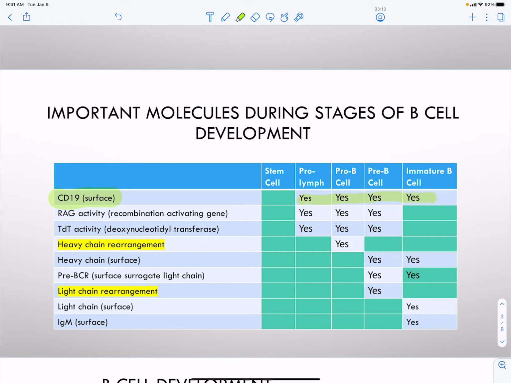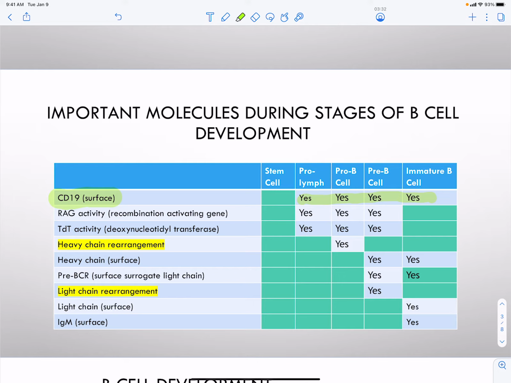So it starts when it first decides to become a lymphocyte. And then when your B cell decides it's not going to be a T cell or an NK cell, it's going to be a B cell, it goes to the pro-B stage, and that CD19 surface molecule stays with the B cell through its entire development process.